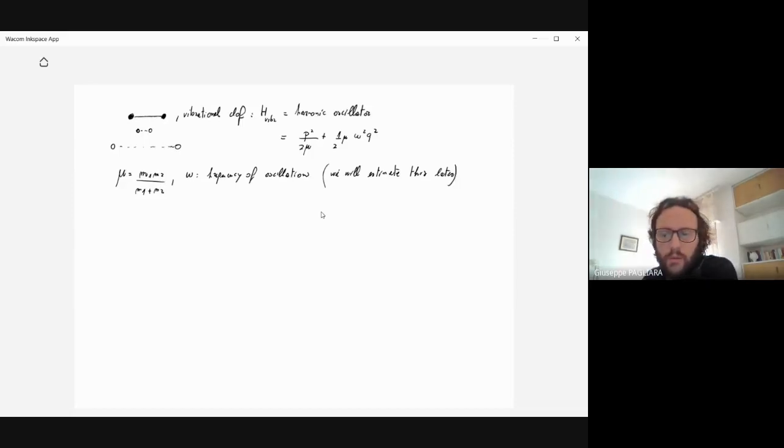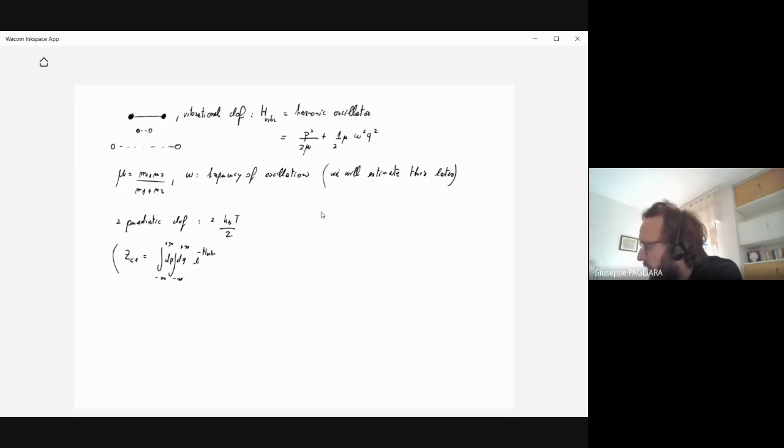Okay? So for such a Hamiltonian, I think we have seen examples already of particles moving in a potential energy of the type of the harmonic oscillator, and for the usual reason, since those are two quadratic degrees of freedom, again we have twice k_B T over 2 when computing the canonical partition function, which will be something like the integral dp dq from minus infinity to plus infinity of e to the minus beta H_vibrational.